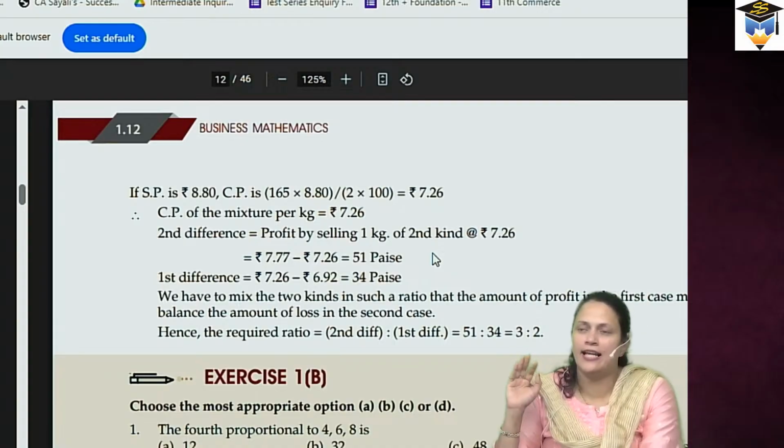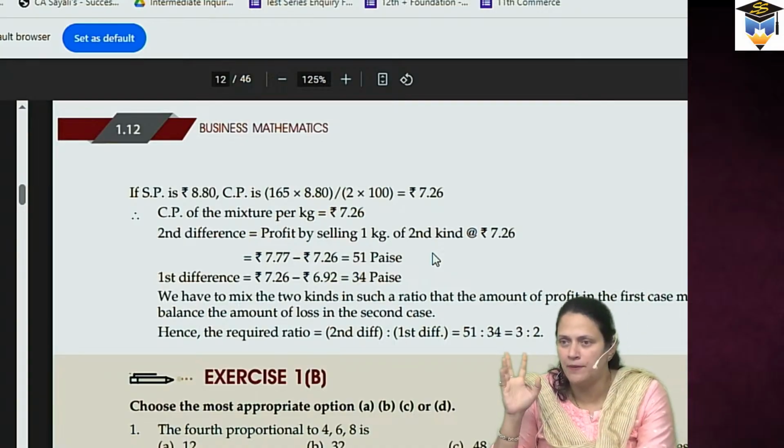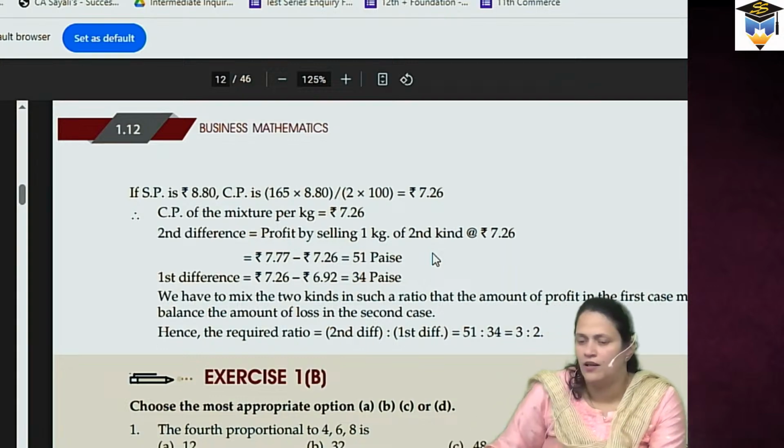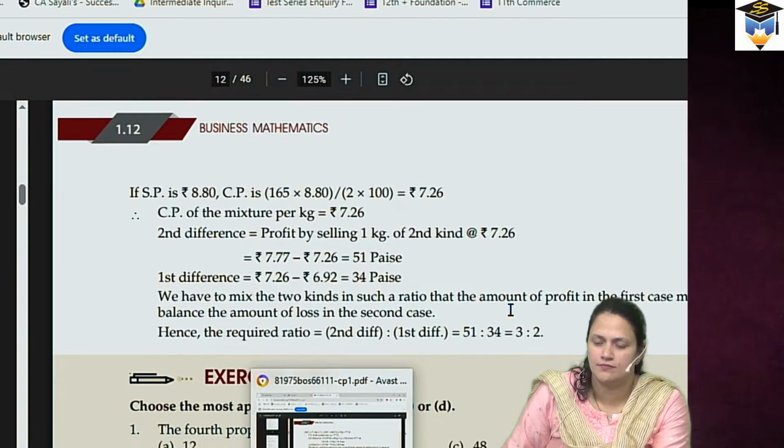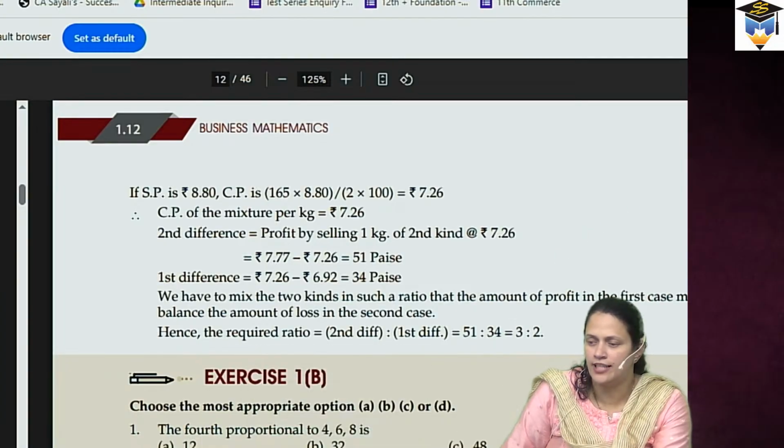So when do we get profit? When SP is greater than CP. Now the value of SP is 7.76, and we got CP as 7.26. So the answer is 51 paise. Have you understood this part? Where did 7.77 come from?